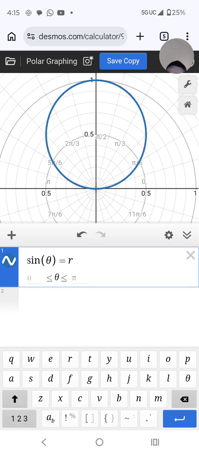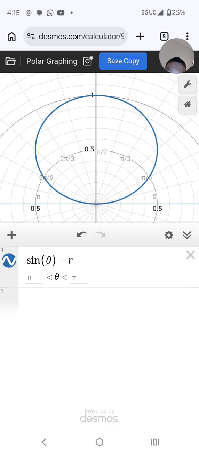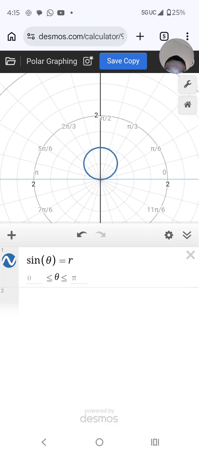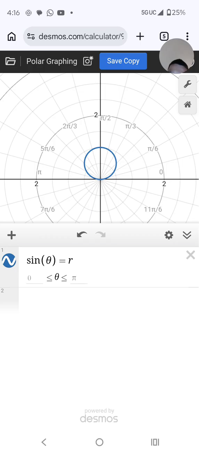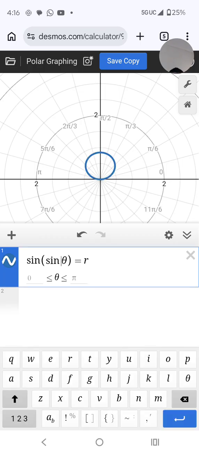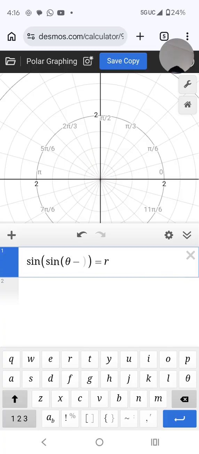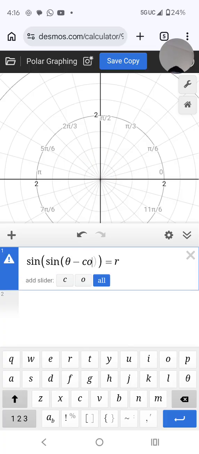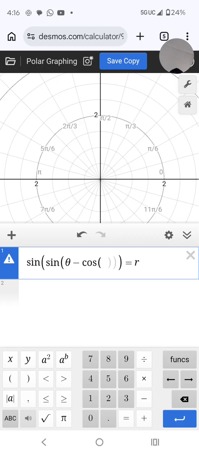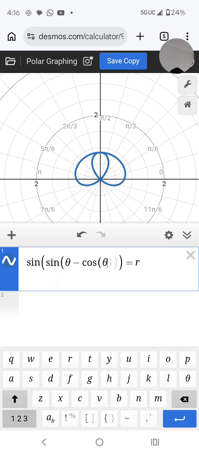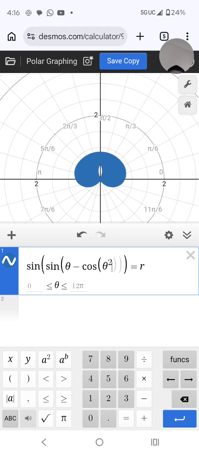No, not t. Sine theta minus cos theta squared theta.